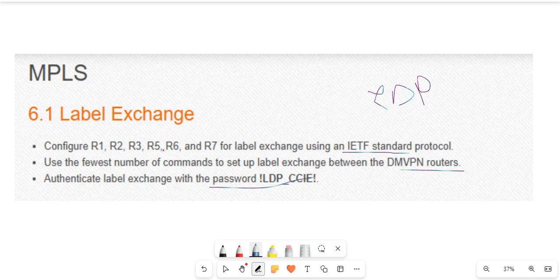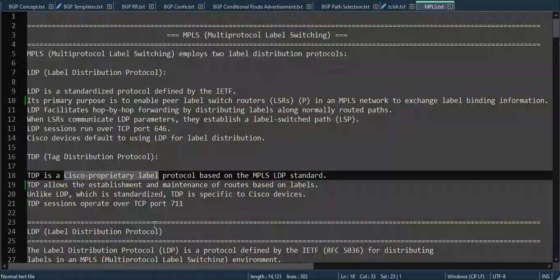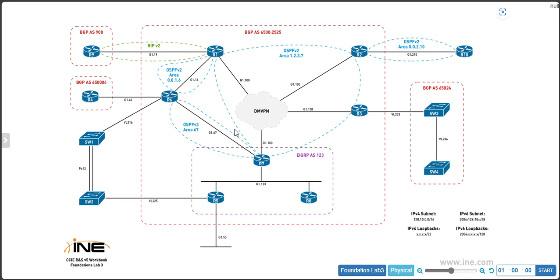It means we have to use the previous commands to set up label exchange. It means we have to configure LDP auto configuration. Because we have OSPF, let's see that topology here. We have OSPF between our VPN.